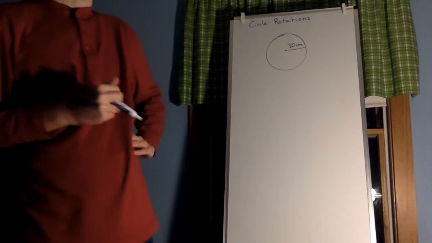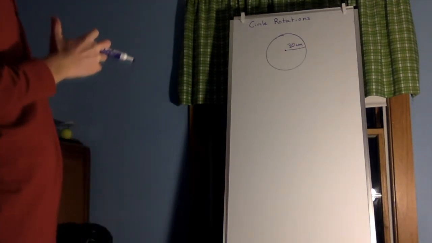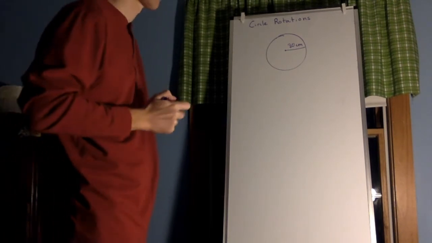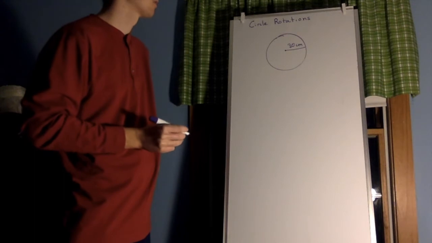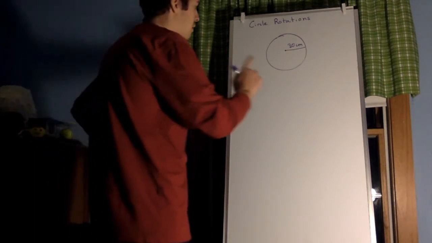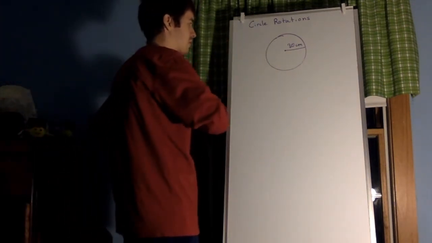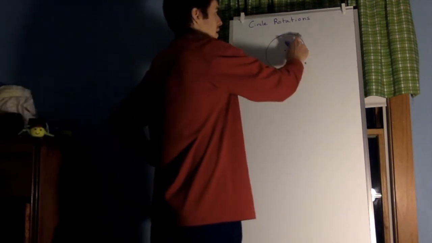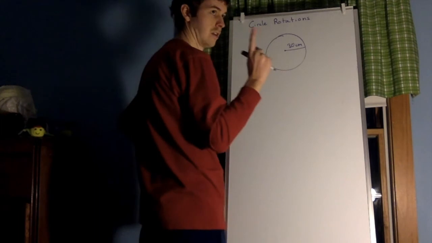Now, when we hear that word rotation, what we really should be thinking is circumference, right? Think about what circumference is. It's our distance all the way around our circle one time.